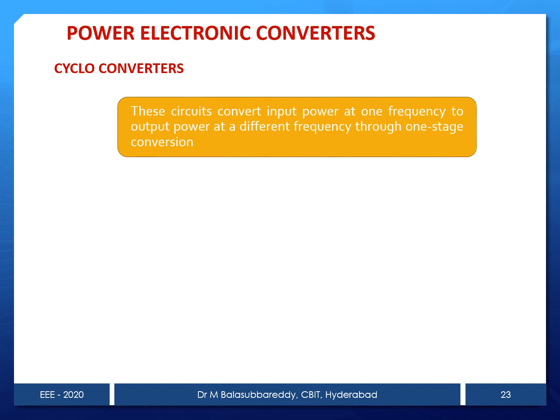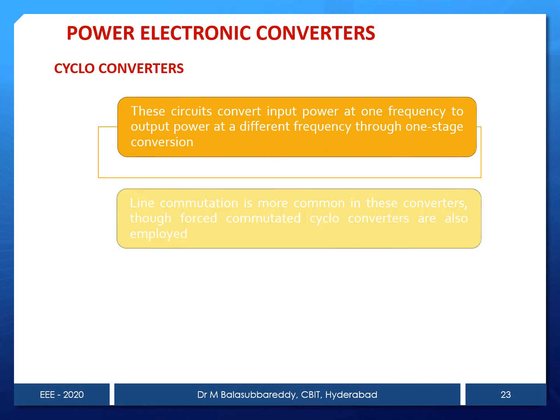This cycloconverter I already mentioned will convert fixed AC to variable AC with variable frequency, or another way we can say fixed frequency to variable frequency. So that is the function of a cycloconverter. Line commutation is more commonly used here.